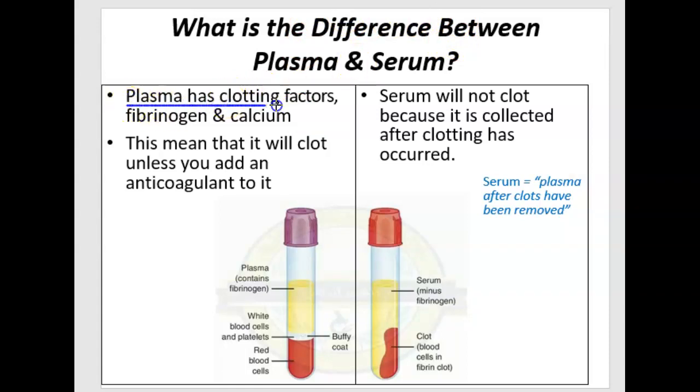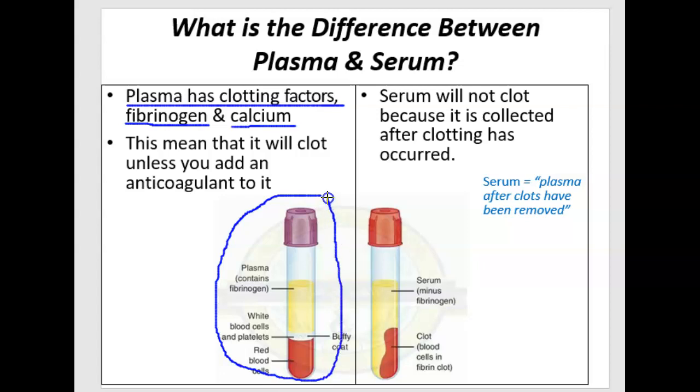So plasma has clotting factors, including fibrinogen and calcium, all of which are needed to form a blood clot. So when you collect blood, you spin it down, and you have this plasma here on top, you could still get a clot unless you add an anticoagulant.